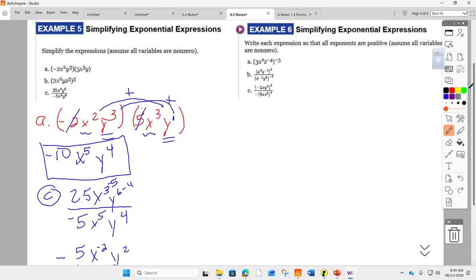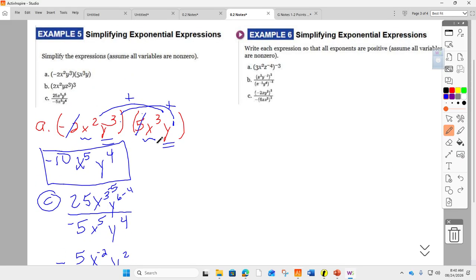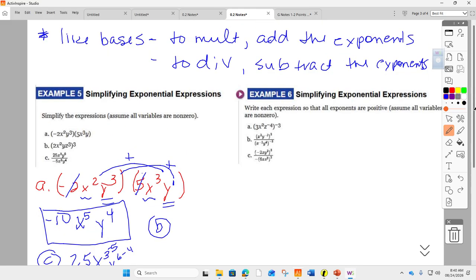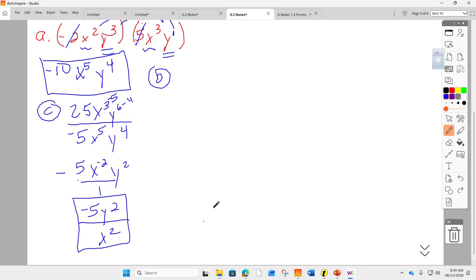All right. And then a power to a power. So b is a power to a power. Let's add somewhere here at the bottom. If you're raising a power to a power, we're going to multiply the exponent.